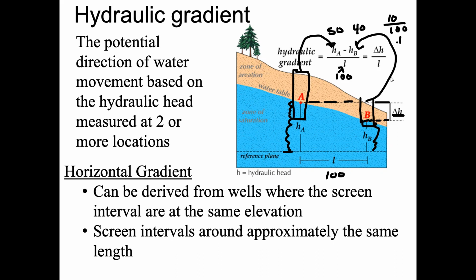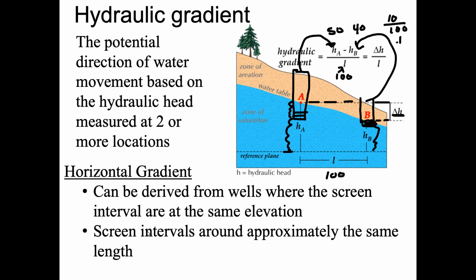So a horizontal gradient can be derived from wells where the screen intervals are at the same elevation. In this instance, we may have a screen interval here and a screen interval here, and they're overlapping, and the screen intervals are approximately the same length.